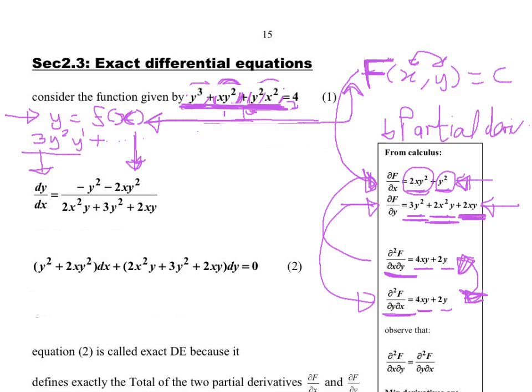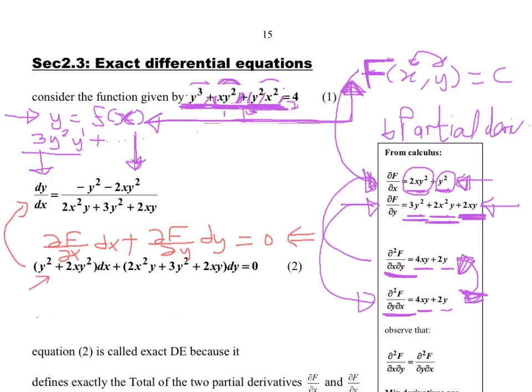Instead of that, now knowing partial differentiation, you can assume this is a function of x and y, and then if you find partial f partial x, which is this one, and write dx, plus partial f partial y, and you write dy, you are going to get dy dx, which is the same answer, but in one step. So if you use partial differentiation, this is partial f partial x, and this is partial f partial y, you will be able to find dy dx in one step.